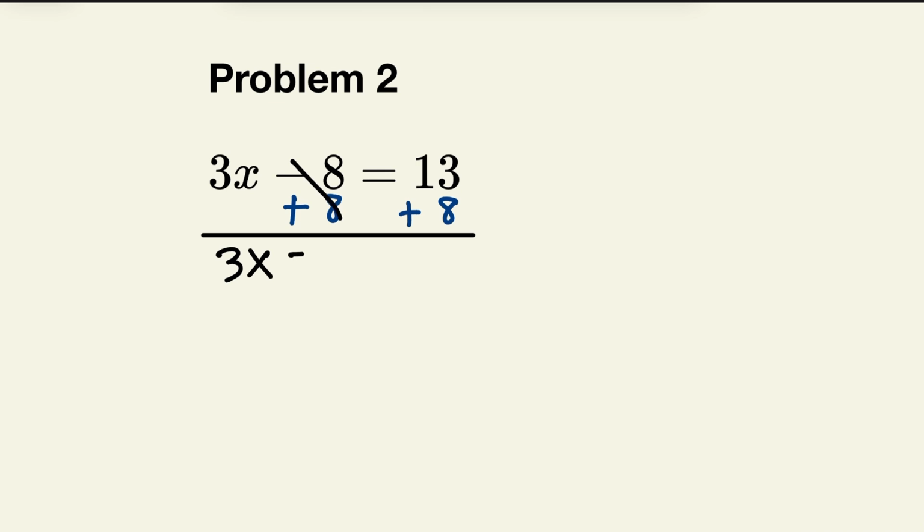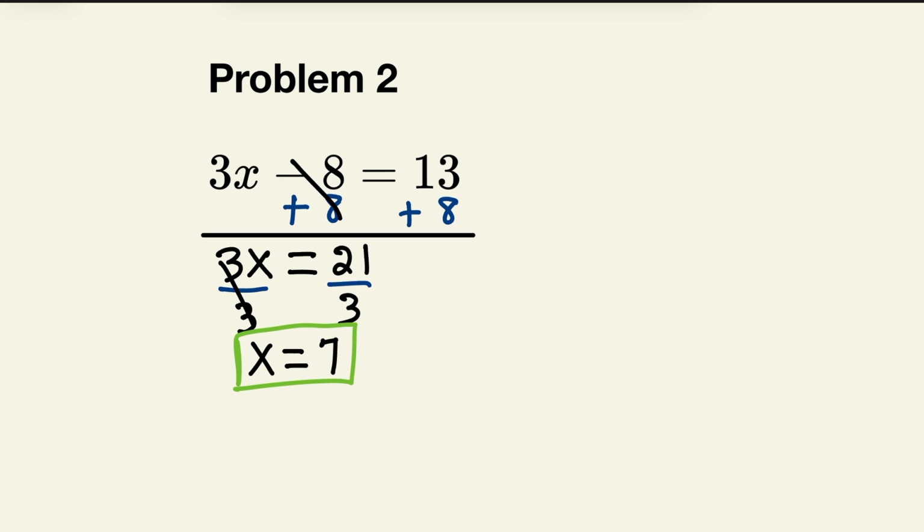Bring down your equal sign, and 13 plus 8 is 21. We're multiplying by 3, so we have to undo multiplication by dividing by 3. And so we see here that x equals 21 divided by 3, which is 7. So x equals 7 is the final answer here.